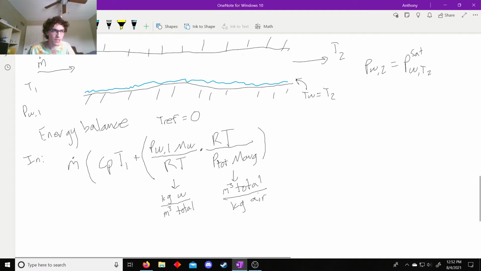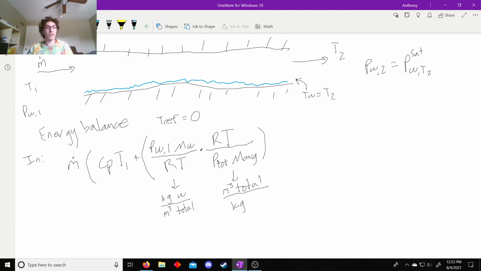I think I might have made a mistake here. The way I explain this, m dot represents everything that's coming in. So this includes air and whatever water is inside of the air. So when we have kilograms of water coming in over the total volume of everything, what we actually want is kilograms of everything rather than volume.